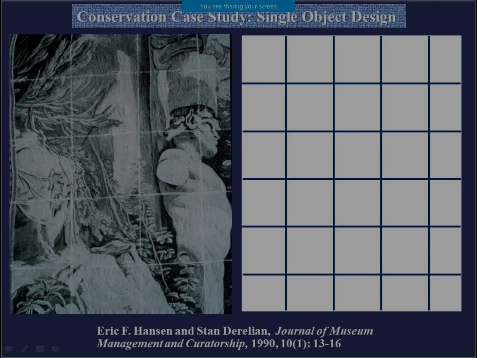Here, the experimental units were defined as threads from one real 18th century woven tapestry that had never been treated before, using multiple threads taken from within this single tapestry. So a grid was superimposed over the tapestry, and then a number was assigned to each coordinate on the grid.